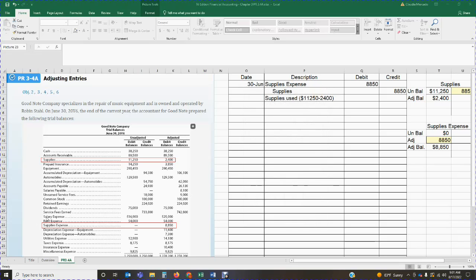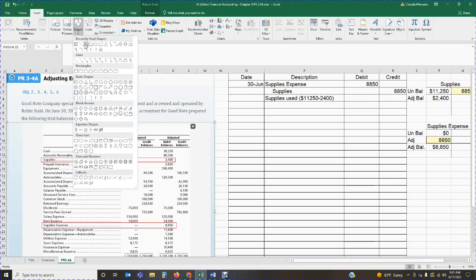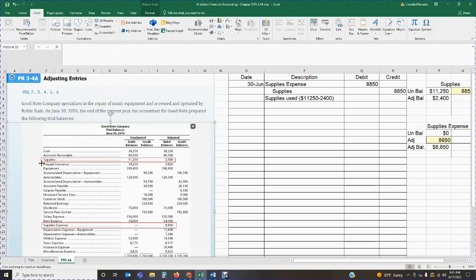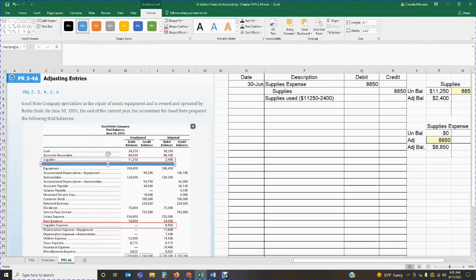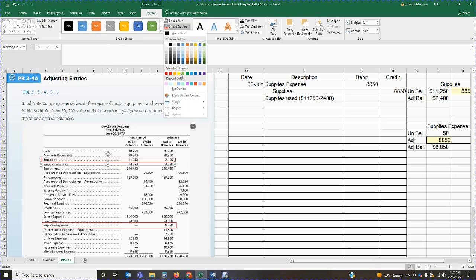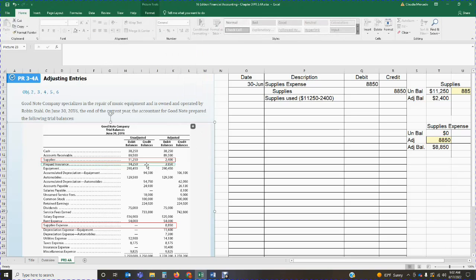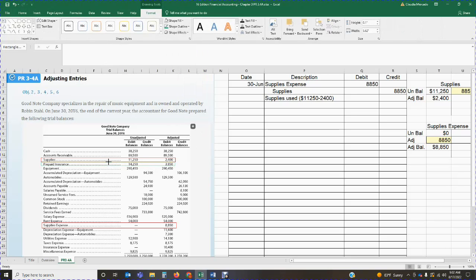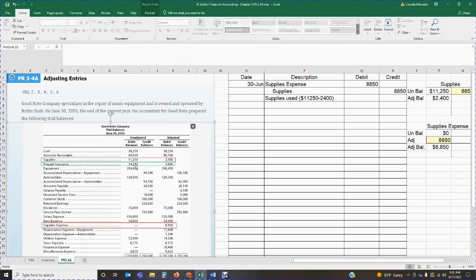Now let's look at our insurance expense down here. Let's highlight the two that we're doing right now: prepaid insurance and insurance expense.